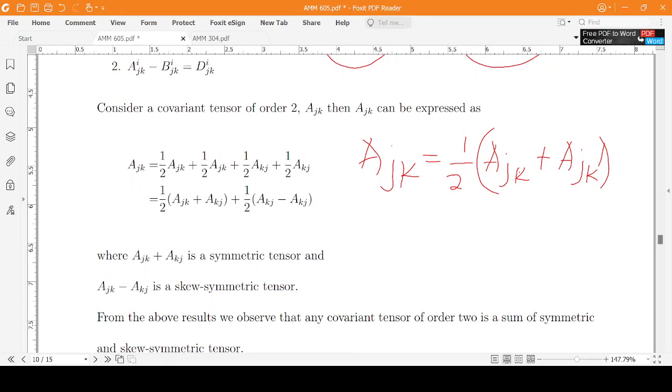We can decide to add something else here. We add Akj. Now this one is different from that. But if we add, we need to subtract.